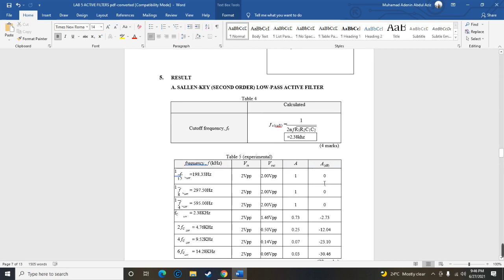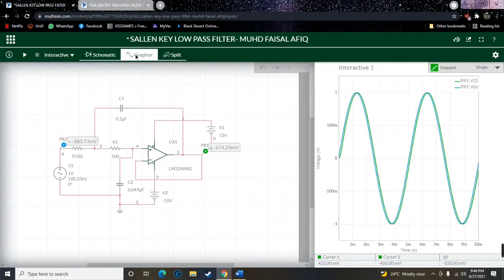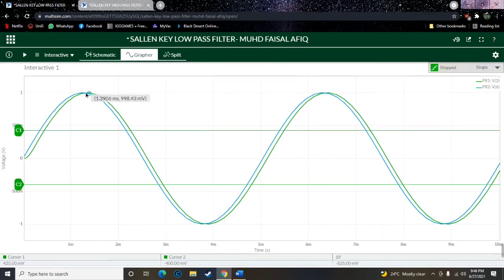So this is the cut-off frequency we calculated. What happens to the voltage gain if the frequency is less than the cut-off frequency? You can see I put it less than the cut-off frequency. After simulation, we can see that the voltage in and the voltage out are the same value, 2 volt.